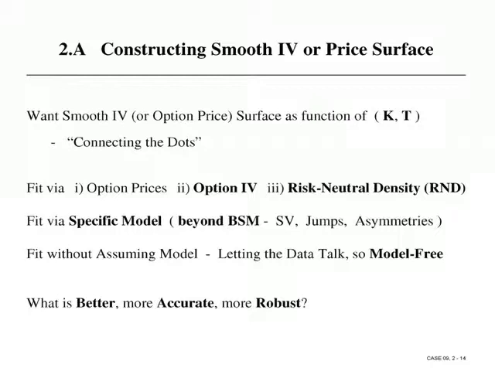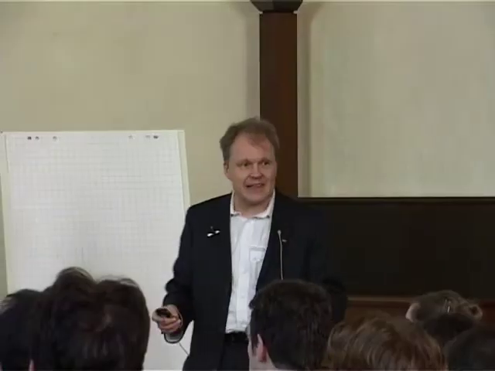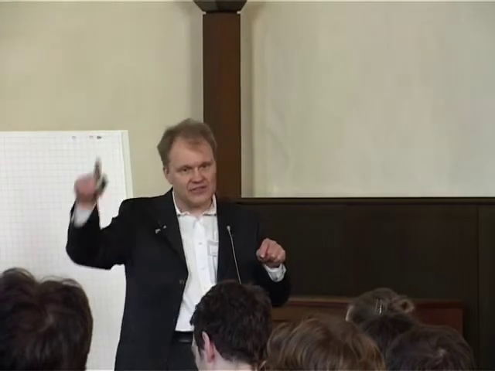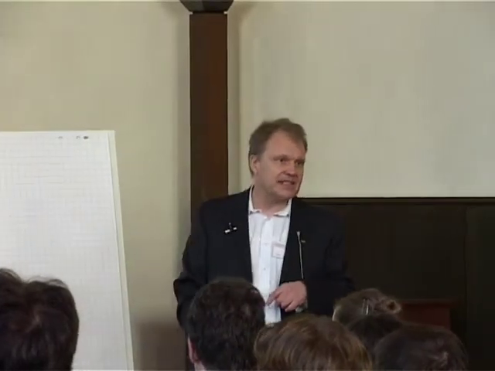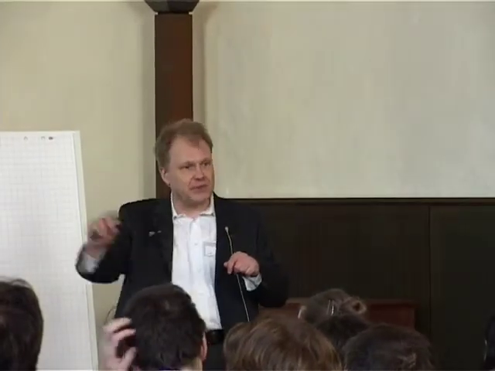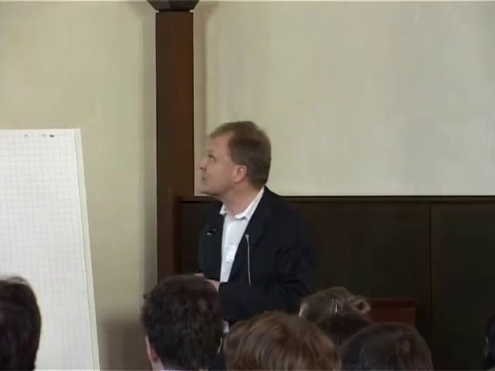Now, constructing these price surfaces, we want in some sense smooth implied volatilities or smooth option pricing surfaces. We think there might be arbitrage if they have a lot of jagged surfaces. Basically, you can show that we would expect them to be smooth under very standard assumptions.